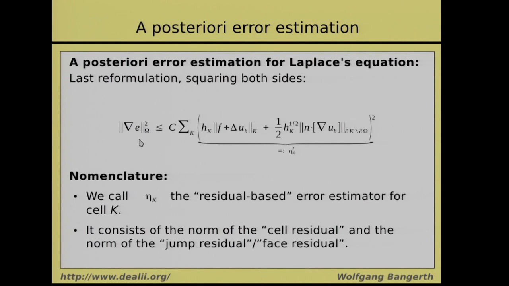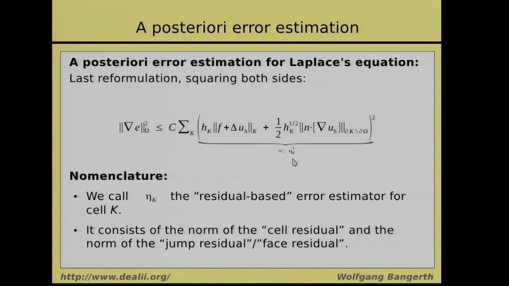Then I have that the error squared is less than or equal to the sum of these terms in parentheses. And what is in the parentheses, that's what I'm going to call eta k. So that's something like my error indicator. The total error is not the sum of these, but the square of the error is less than or equal to the sum of the squares of these indicators.